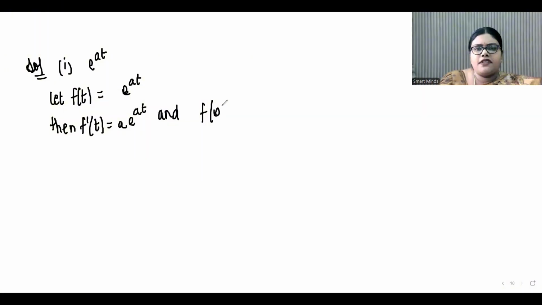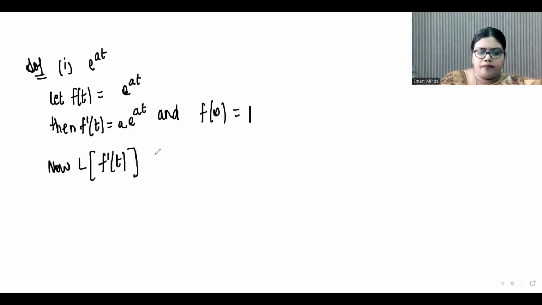And f of 0 is how much? F of 0 means in f of t, wherever you have t, you put 0. So that will become 1 because e power 0 is 1. Now let us take L of f dash of t.